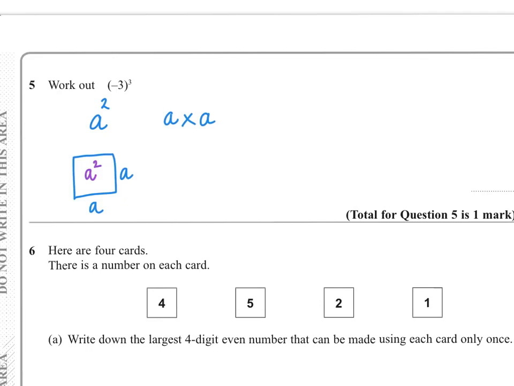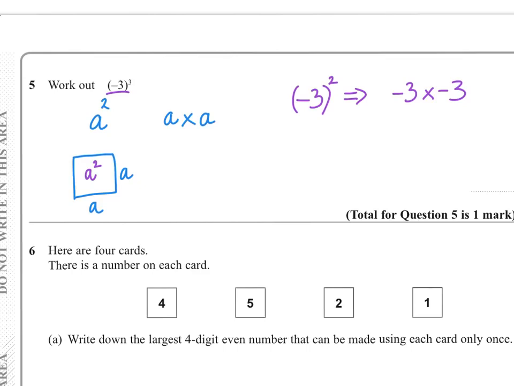It's basically a square. In this case, you have a number -3 and you want to raise it to the power 3. But if we raise it to the power 2, what would we get? Well, we would have -3 multiplied by itself.